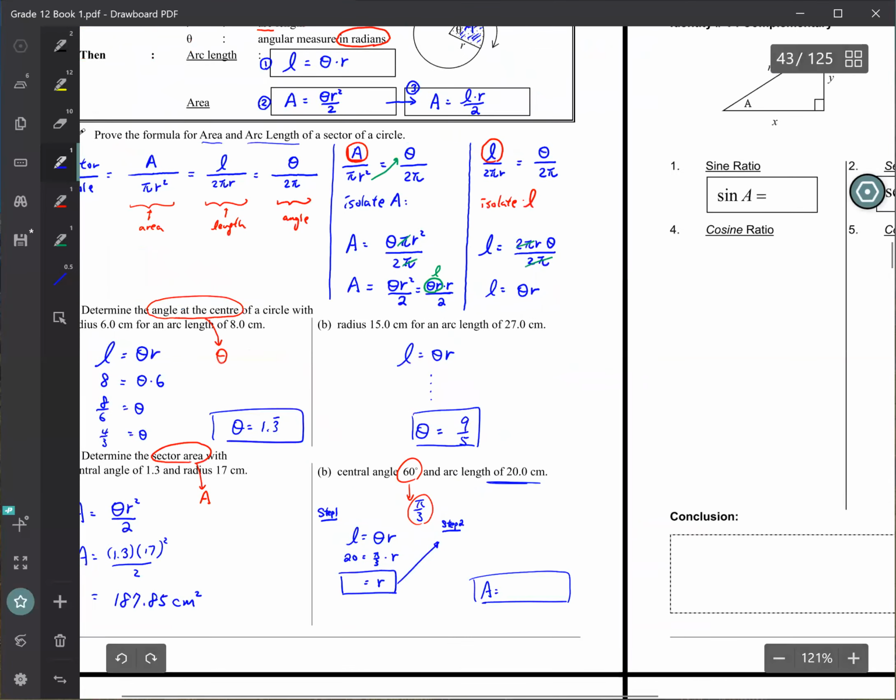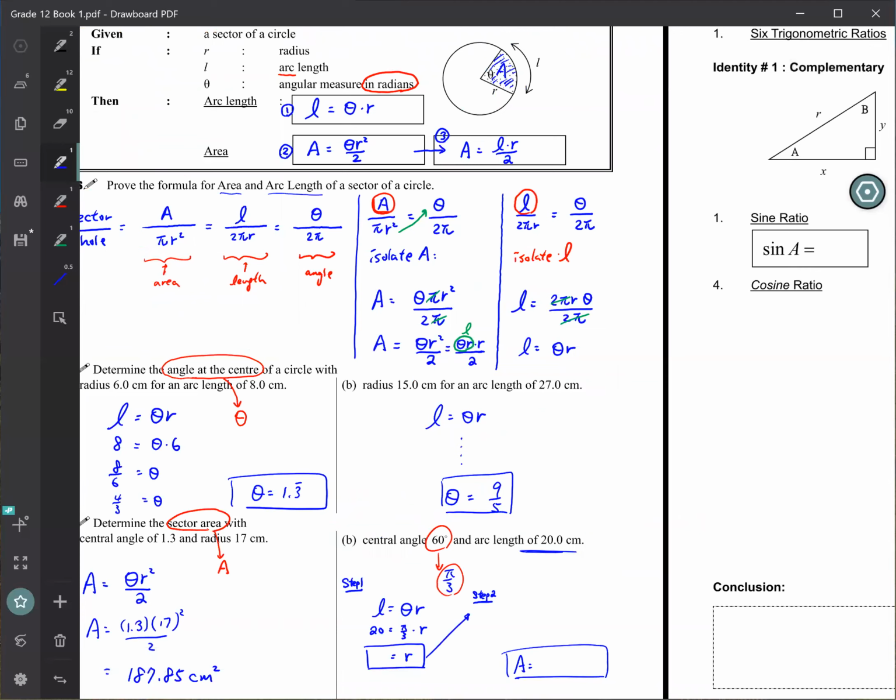So when you are trying to use the formula, always ask yourself questions. Do I have enough information? Because if you want to use it, you can only have one unknown in the formula. If you have 2 unknowns, you cannot apply.